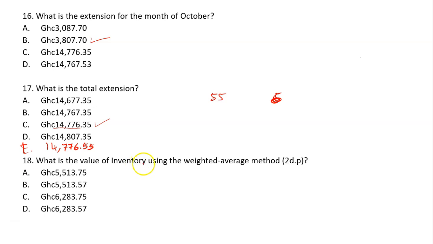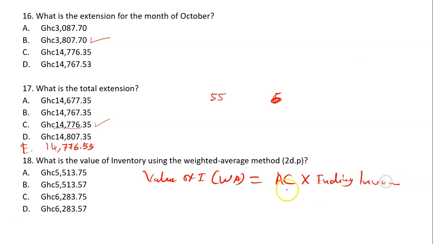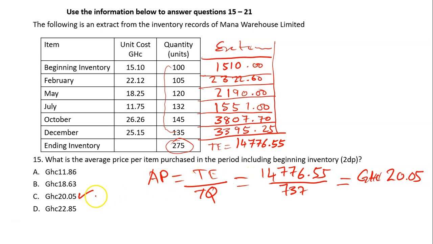Question 18. What is the value of inventory using the weighted average method? Now, to do this, the value of inventory using the weighted average method implies that you should take the average cost times the ending inventory. So what is the average cost? In question 15, we got average cost to be 20.05.